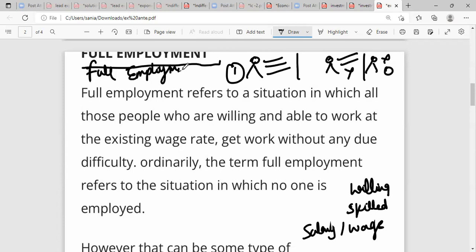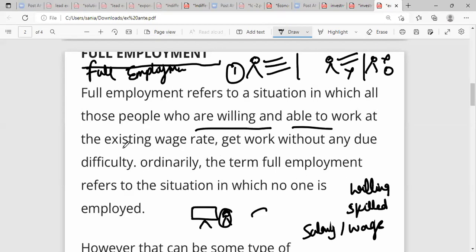Full employment refers to a situation in which all those people who are willing to work and able to work get work. Able to work means they are skilled enough. For example, if I want a computer engineer, I won't be hiring a teacher for this post, because she is not a fit for this role.